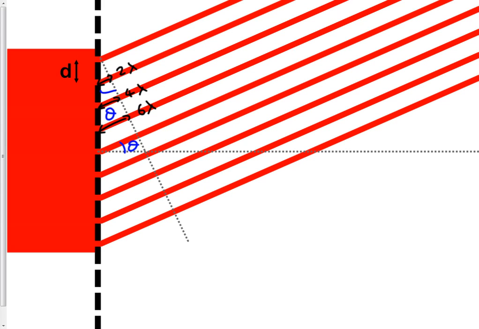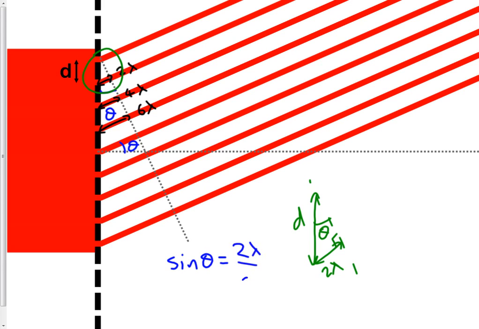So we can take this triangle here. Now this triangle is d, theta, 2 lambda. Sine theta is 2 lambda on d. D sine theta equals 2 lambda.